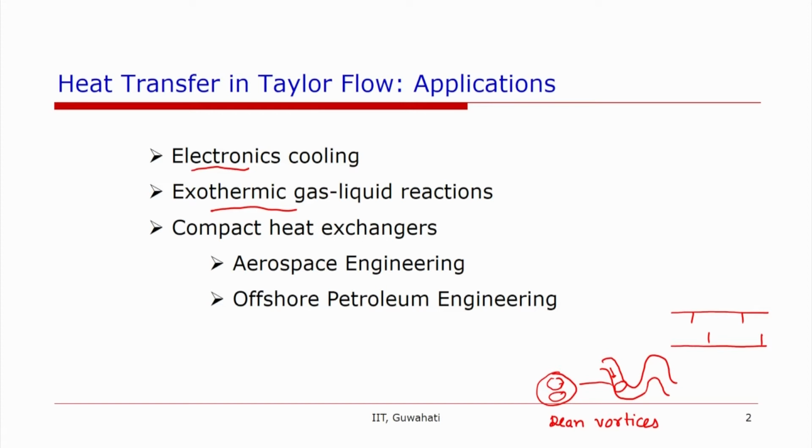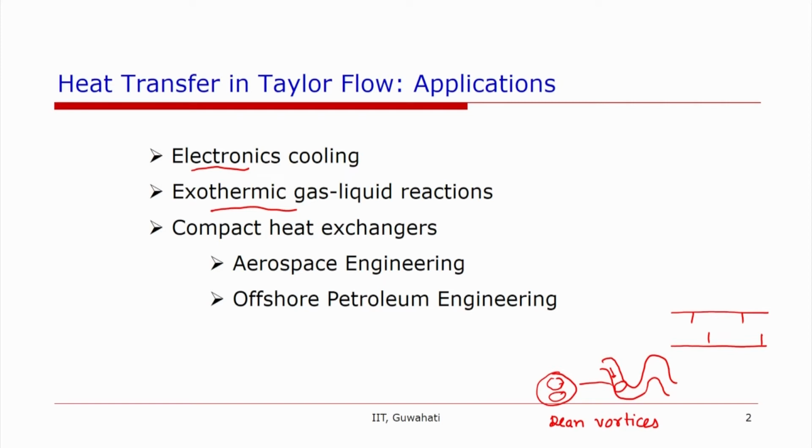One of the reasons is that higher heat flux can be handled in small diameter channels. Additionally, when we have gas liquid reactions, the mass transfer is also enhanced, because the interfacial area has increased significantly when we compare with normal or conventional channels.